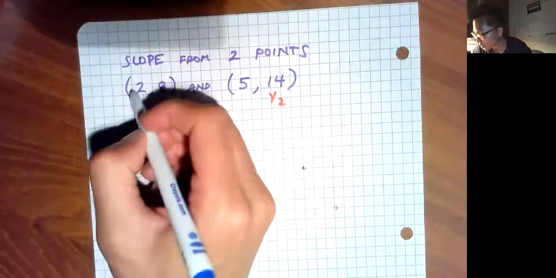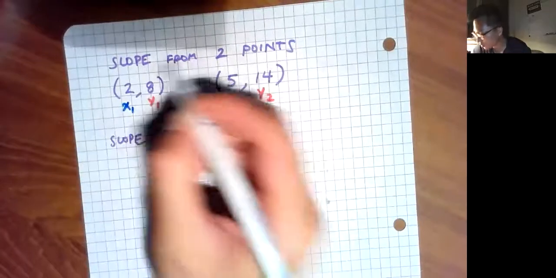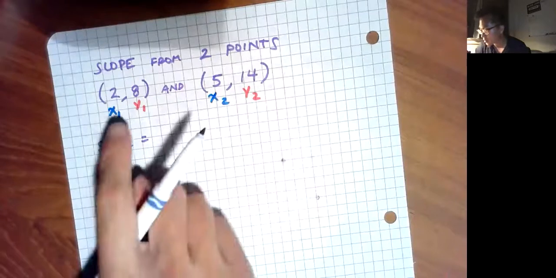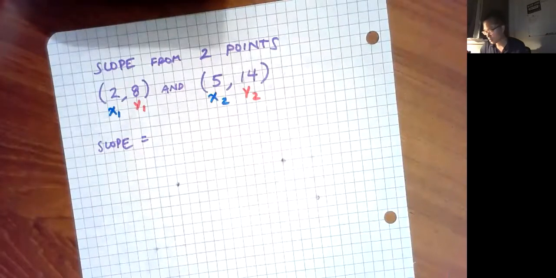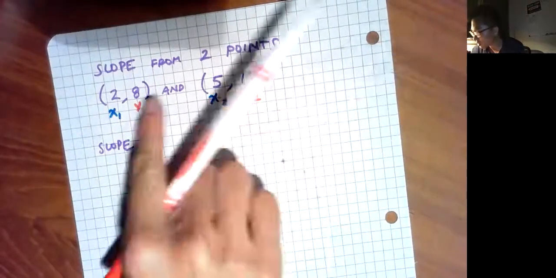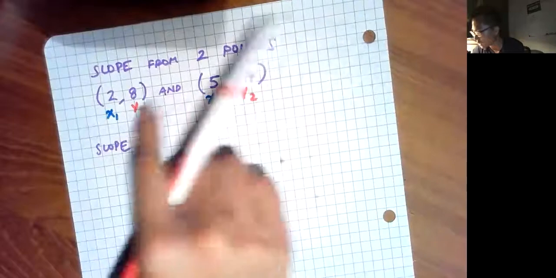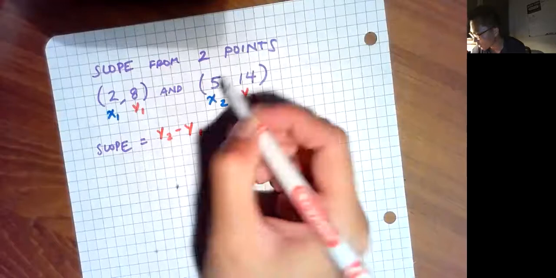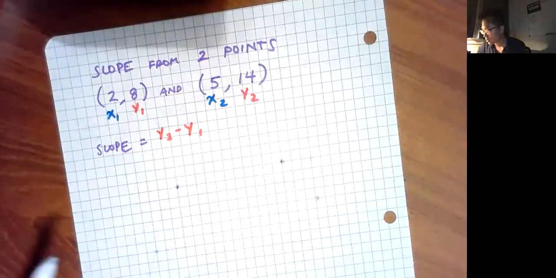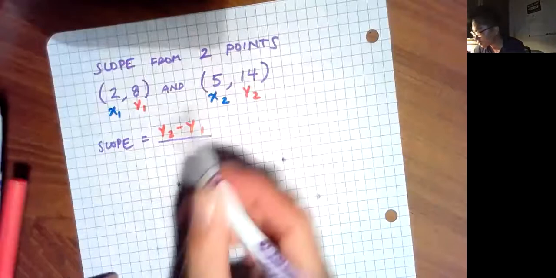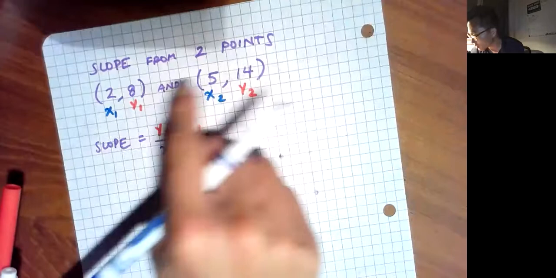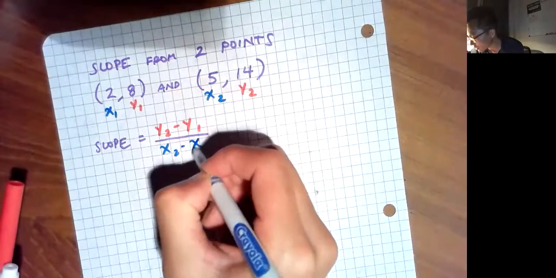This first x value, which is 2, I can think of that as x1. This 5, I can think of this as x2. And so my slope is going to be the difference between these two y values, the change in y. So I'm going to write that as y2 minus y1 over the difference between the two x values, x2 minus x1.